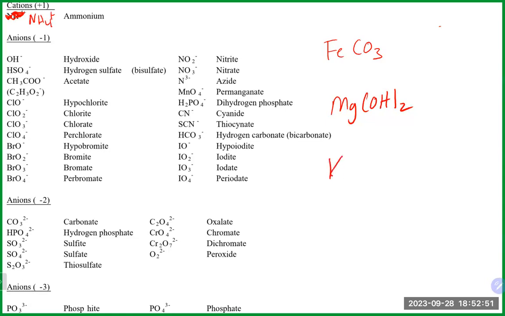Let's do K2Cr2O7. So what are the names of those guys? And why don't you write the formula for, let's do calcium bromate.